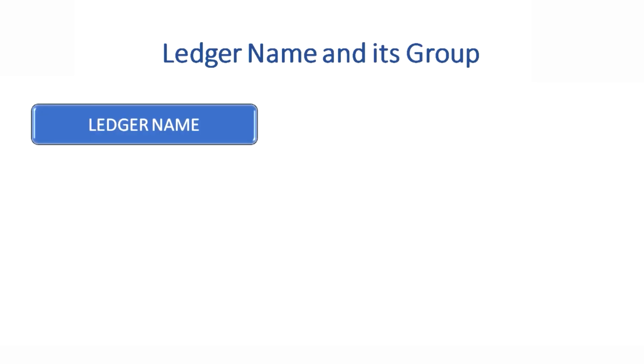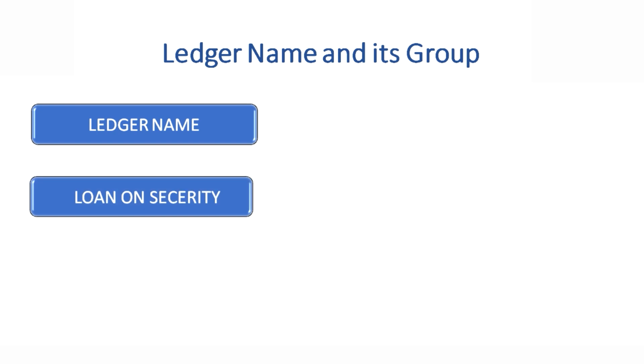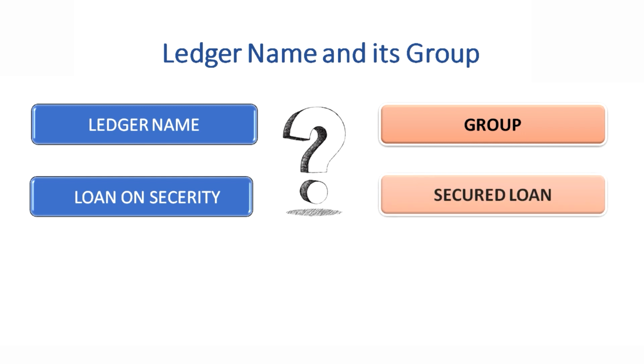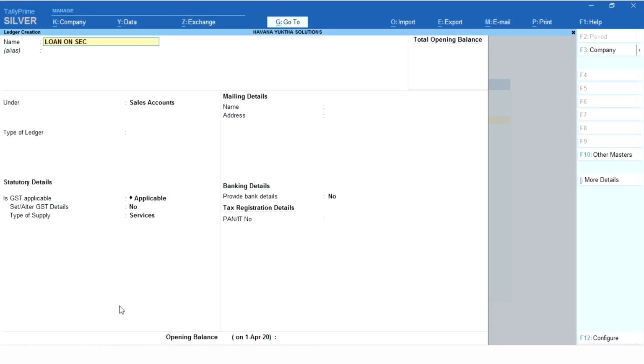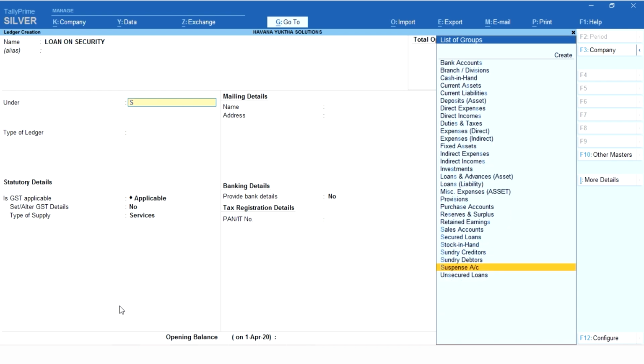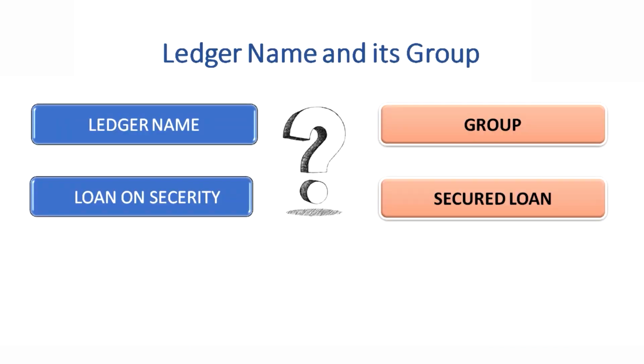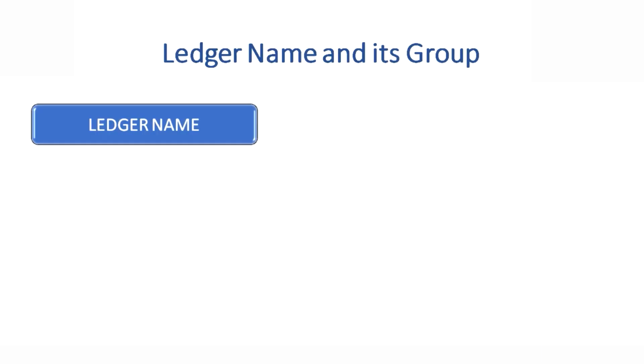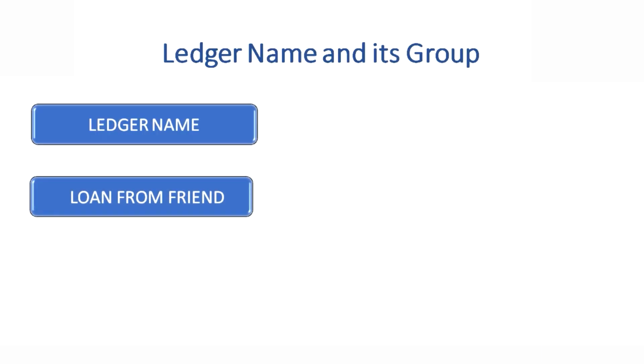Next we go with a ledger name called loan on security, which will be grouped under secured loan. So we'll create this, will be under secured loan. The next ledger will be loans taken from a friend.